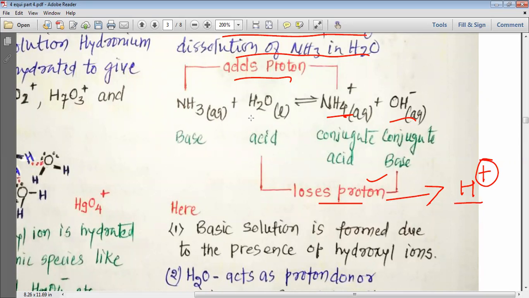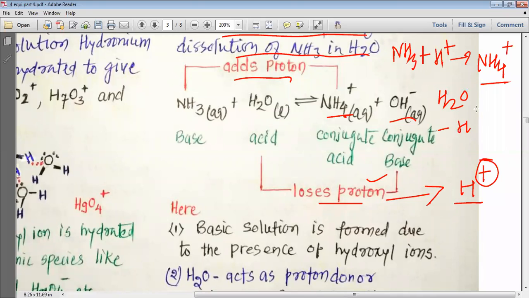So you can see that water loses H+ and makes OH-. Ammonia gains H+. You can see here NH3 gains H+ and produces NH4+. And this is how we understand that NH4+ has been produced. H2O actually loses H+ and produces OH-. So this is how the OH- is produced.